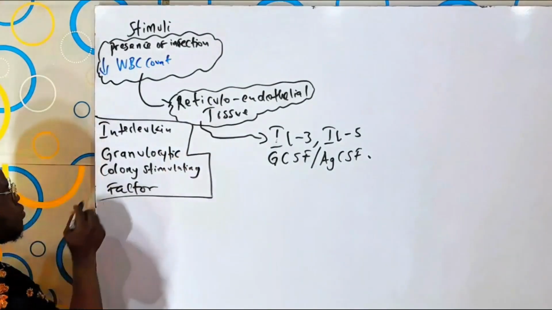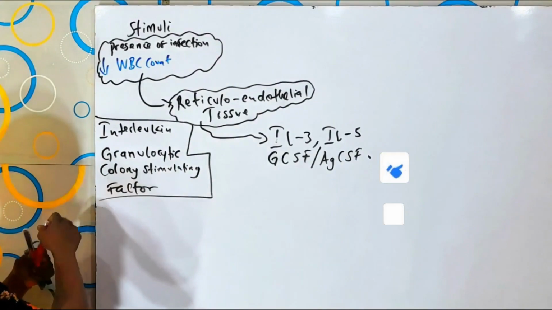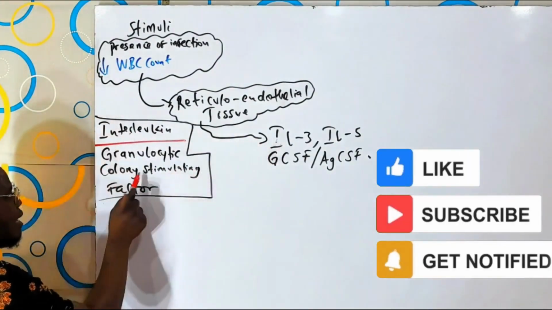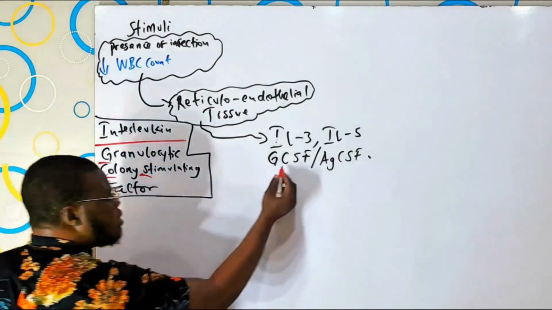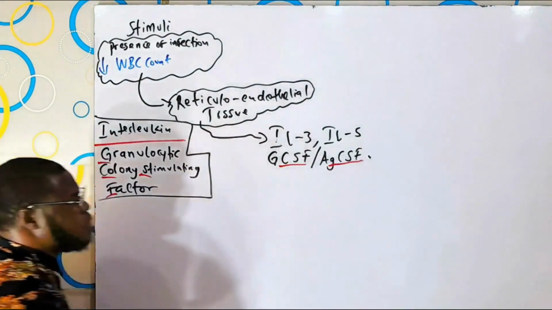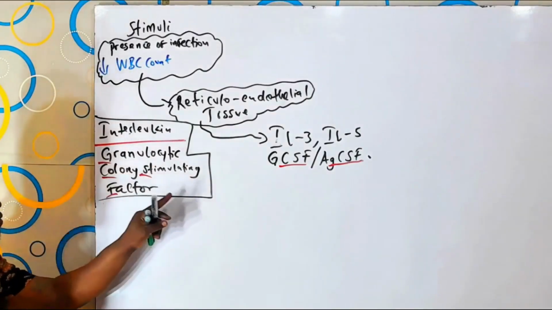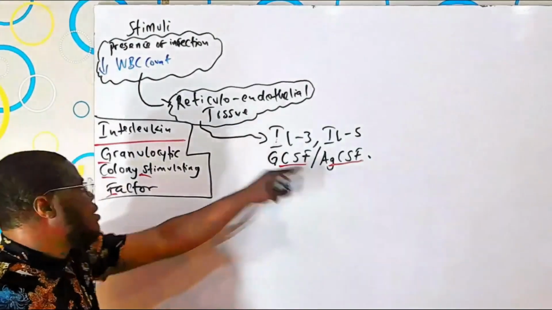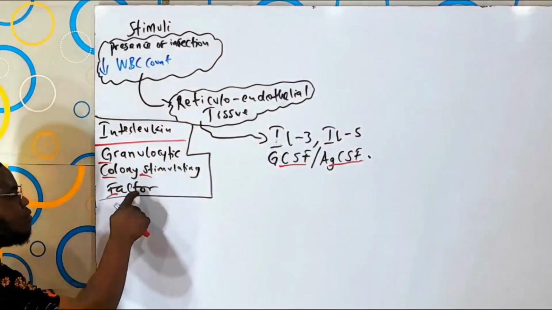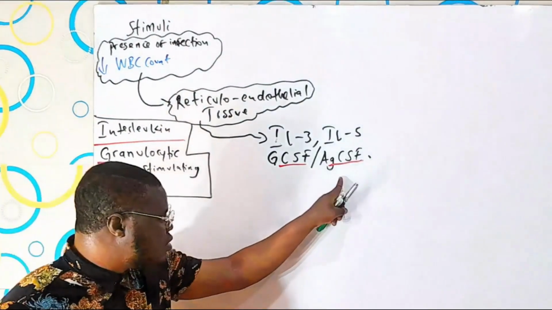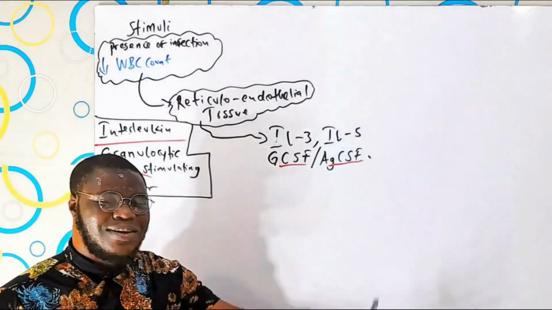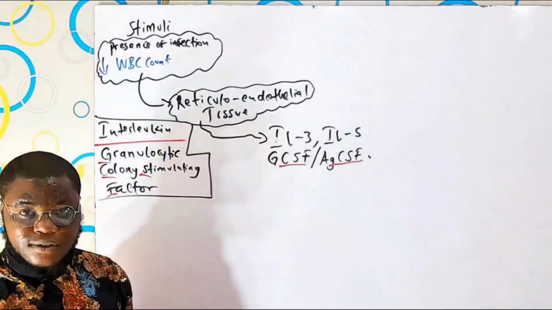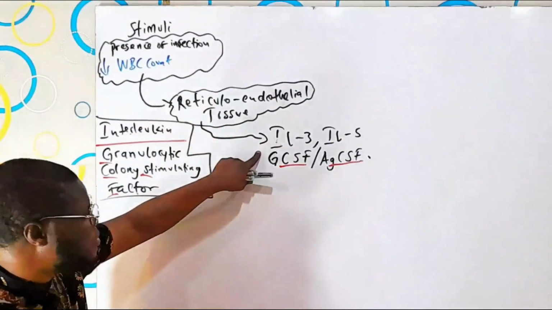Now, we have just two things in this box now. Interleukin is for IL. GCSF, this GCSF, it means granulocytic colony stimulating factor. Now, what about the A here? You can guess. If we have granulocytes, that gives us granulocytic colony stimulating factor. So, it means the AG is going to be for the other one, which is the agranulocytic colony stimulating factor. Solved. Very easy.